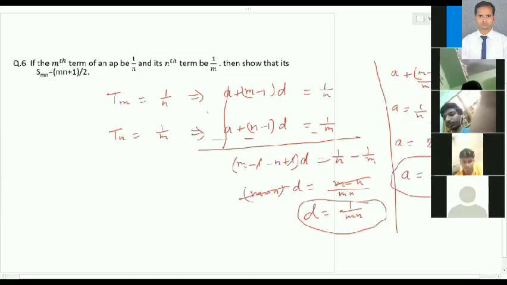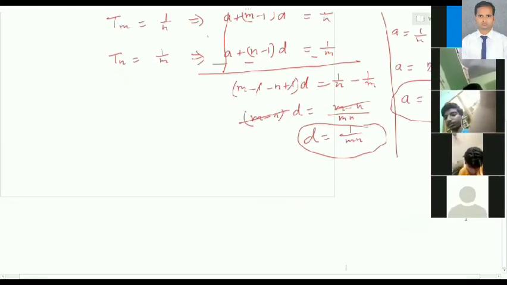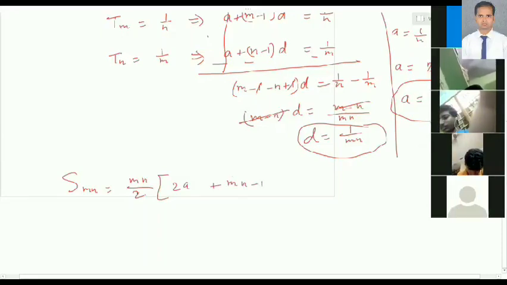Okay. Now what do we need to find? We need to find Smn. Smn means the sum of mn terms. Apply the formula. What is the formula for Sn? Smn equals mn by 2 bracket 2a plus mn minus 1 into d.